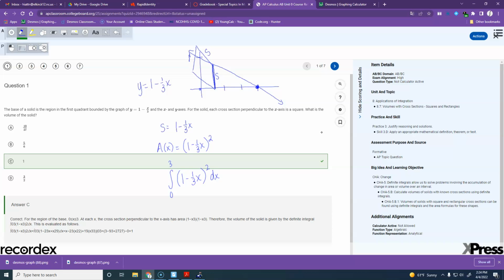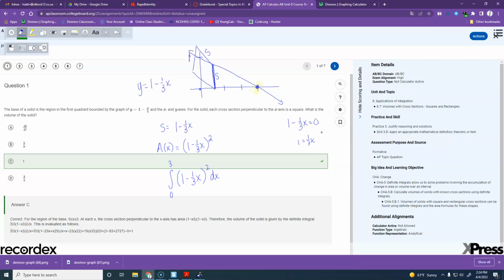Yeah, so I was just looking at the graph to figure out what this point right here was, where we hit the x-axis, but you could do 1 minus 1/3 x equals 0 to see where that's at as well. So 1 would equal 1/3 x.